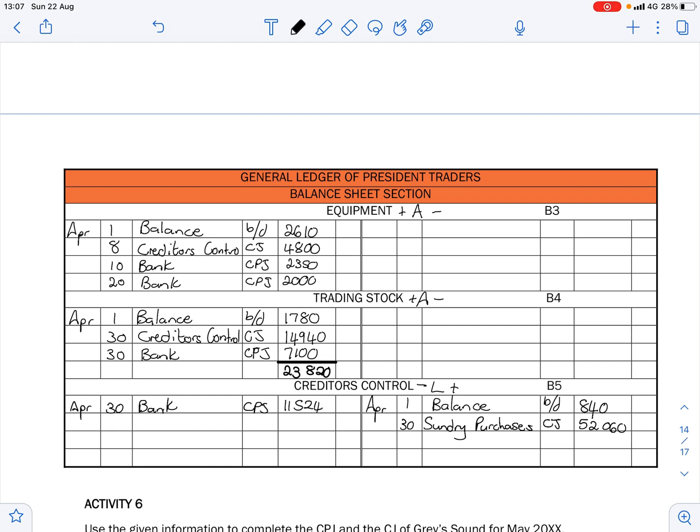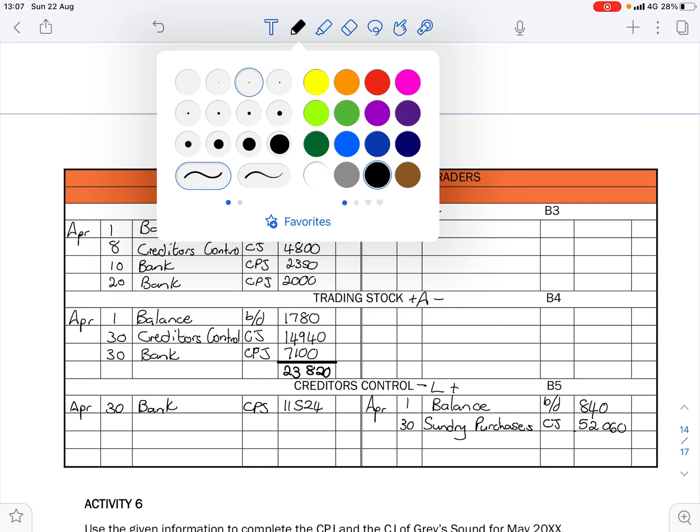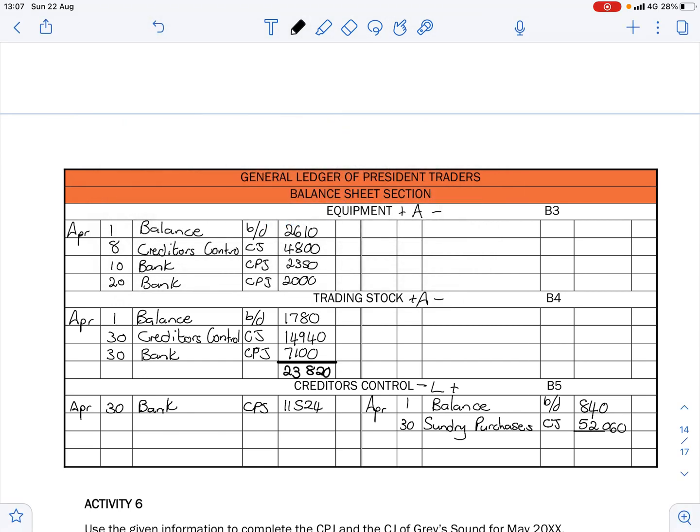Now what we need to do is balance this account. So we look at what we have on either side here. Let me get some straight lines out. We need to look at which side is bigger, and just by looking at it with the naked eye, our credit side is larger. So what we do is add up our balance of 840 with 52,060, which leaves us with 52,900.